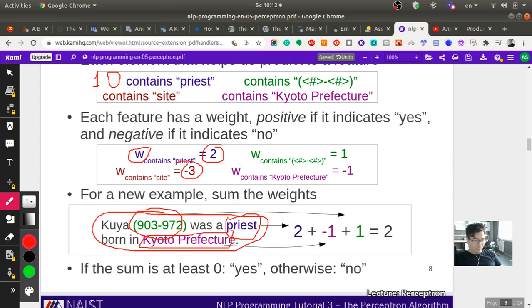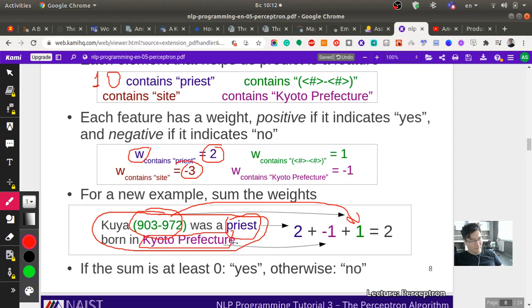Here you multiply these ones. For example, it contains this one, so it will be 1. You multiply by the weight, and this is 1. So this goes here. Also, Kyoto Prefecture contains 1, so it is equal to 1. We multiply by minus 1, and it will be minus 1.